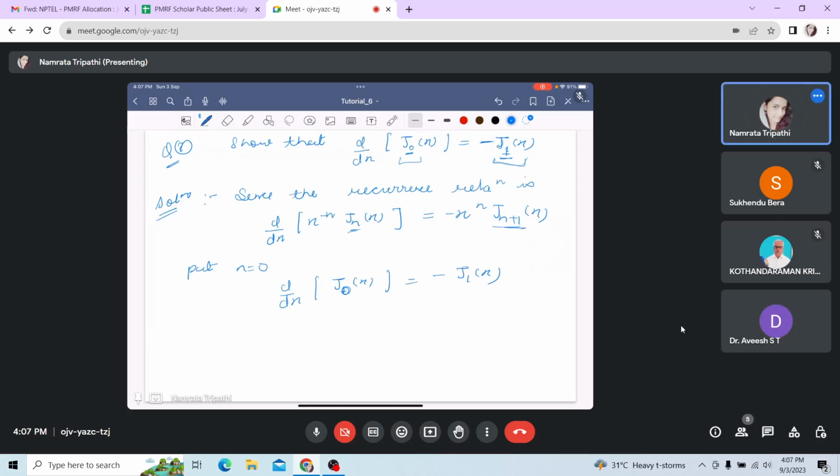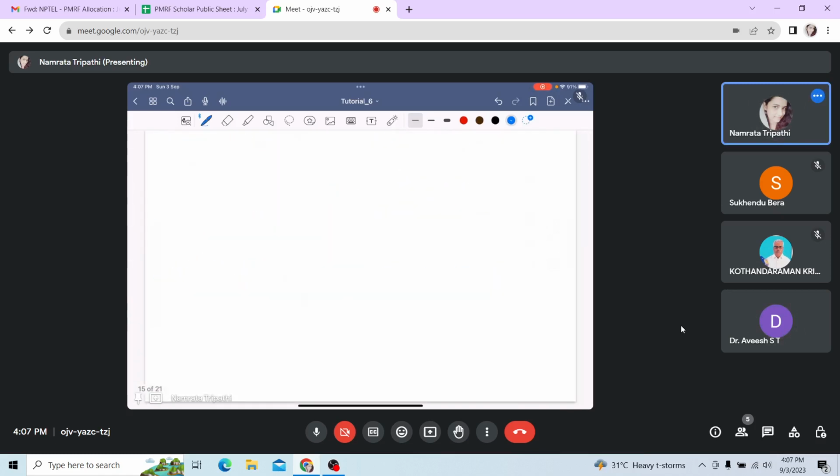Now, let's move to the next question. Question number 8. The question says make use of recurrence relation in the video to evaluate the integral of x cube z3 of x dx in terms of z0, z1, z2.